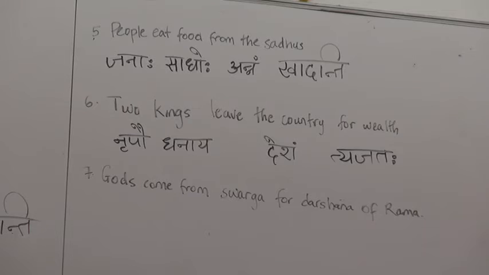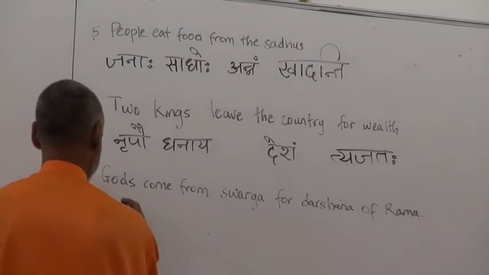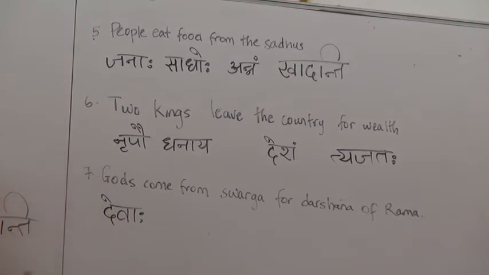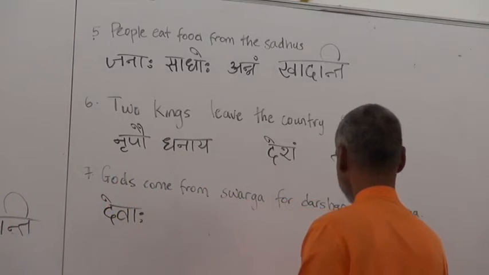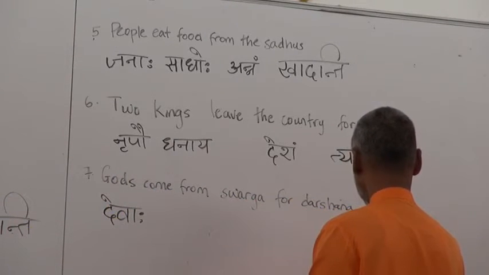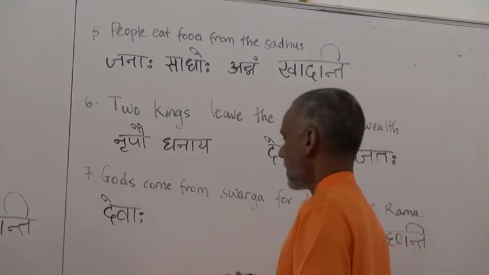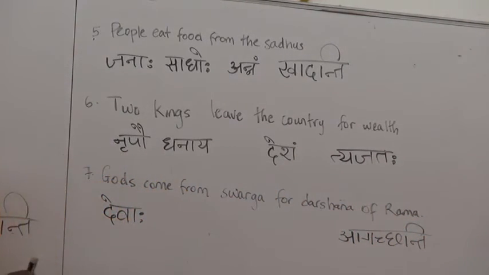Gods come from Swarga for darshan of Ram. Who come? How do you say? Devaha. Come, how do you say? Agachanti. Gods come from some place and for something.